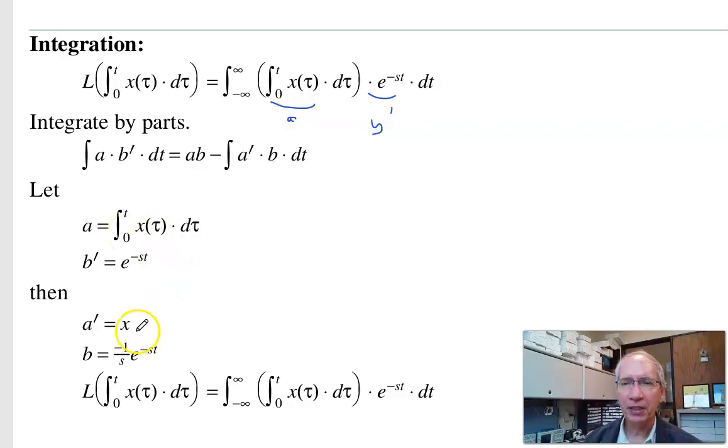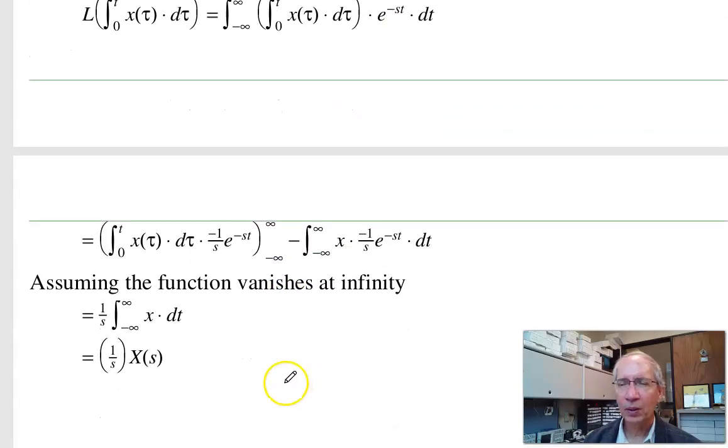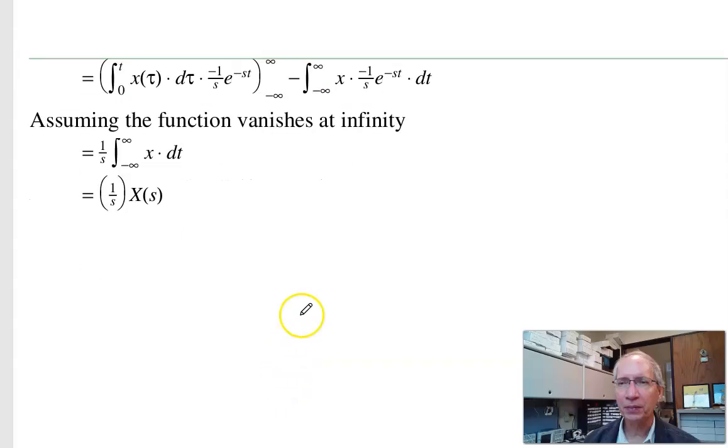A prime is just x. B is the integral of that, minus 1 over s e to the minus st. So Laplace transform, by using integration by parts, has a first term and a second term. Assuming the function vanishes at infinity, I just get the second term, which is 1 over s, x of s.